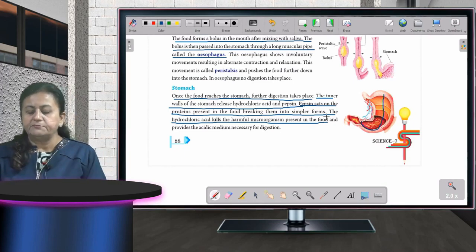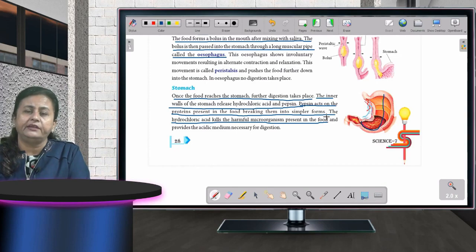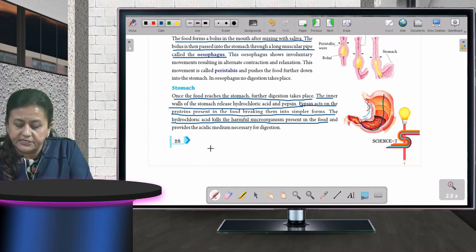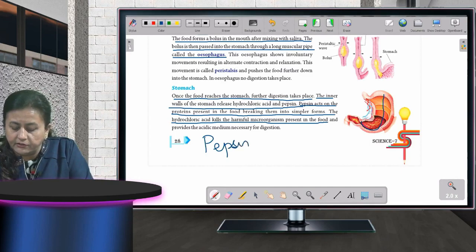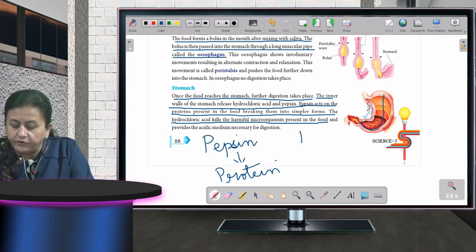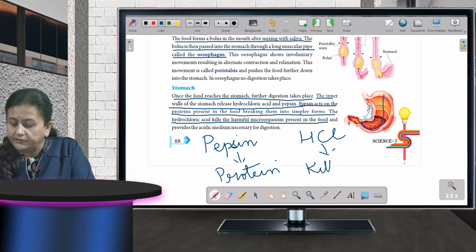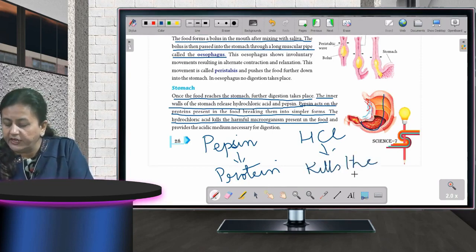The first one is pepsin and the second one is hydrochloric acid. What is the work of the pepsin? Pepsin is working on the protein part, okay, and hydrochloric acid, that is HCl, kills the germs that are there in the food.